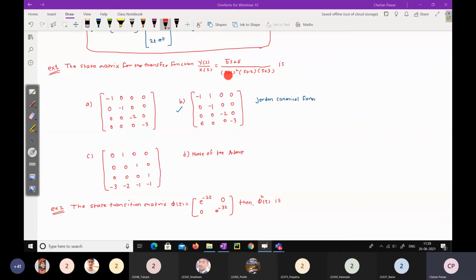This is not a correct way to form it, because we need to form the Jordan canonical form. So this should be -1. Here also 1 should be there. Then only it will be correct.